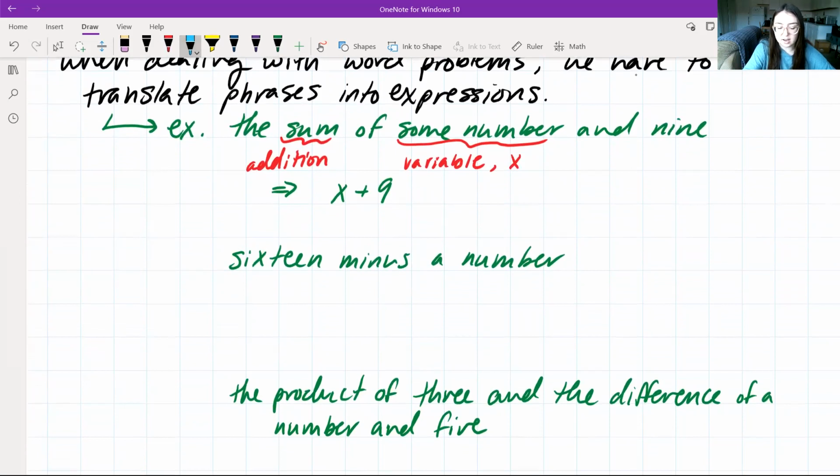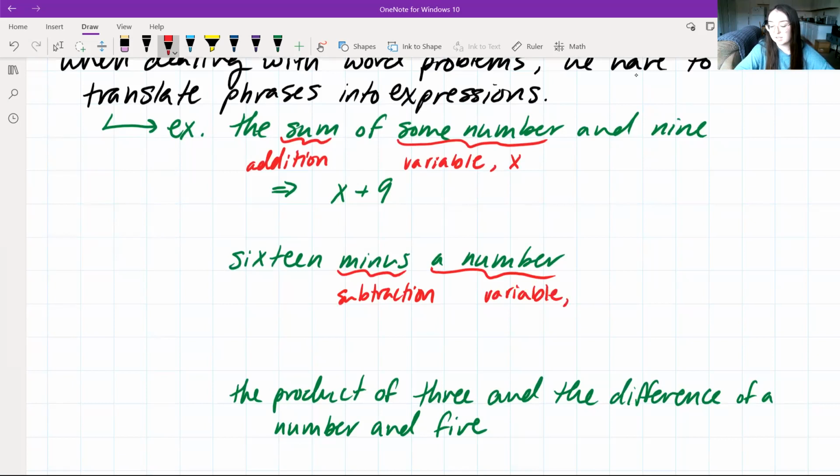Our next example here, we have 16 minus a number. Minus, we know, is the minus sign, so this is subtraction. Then once again, we have a number, which is again indicating a variable.